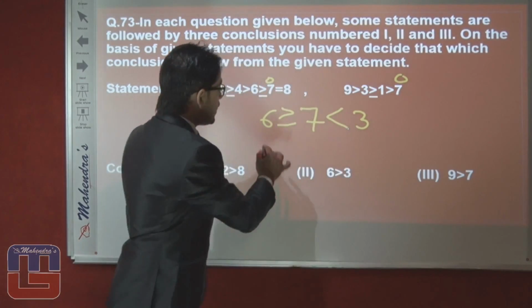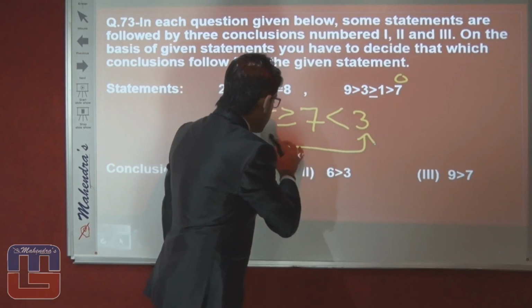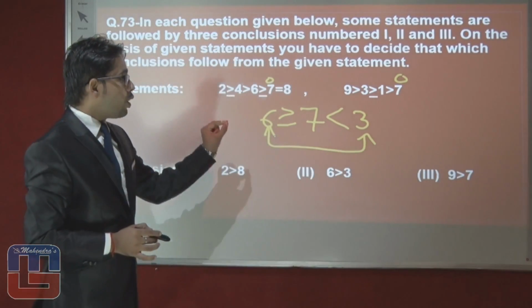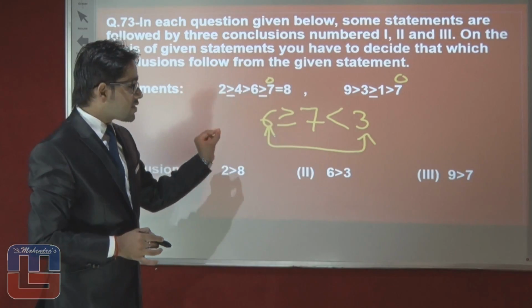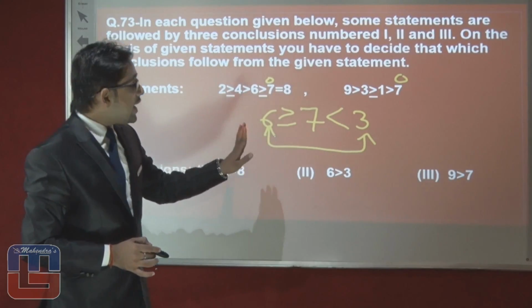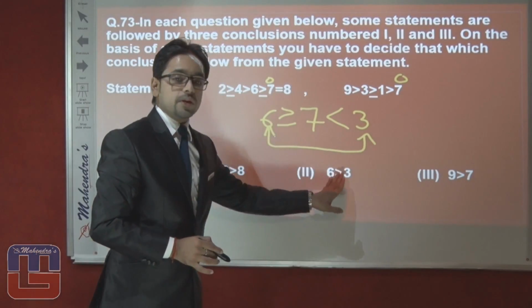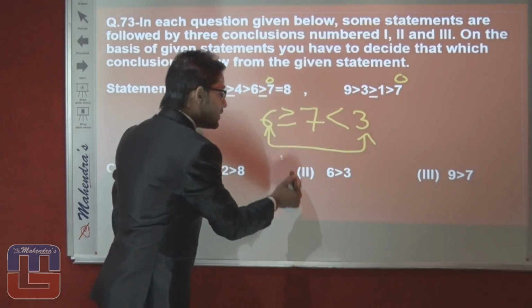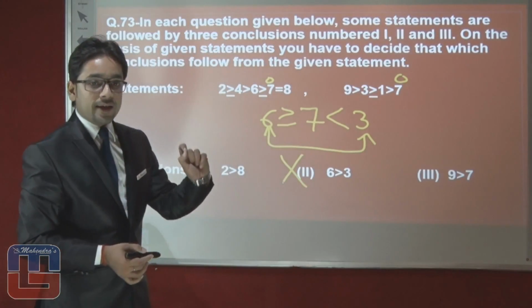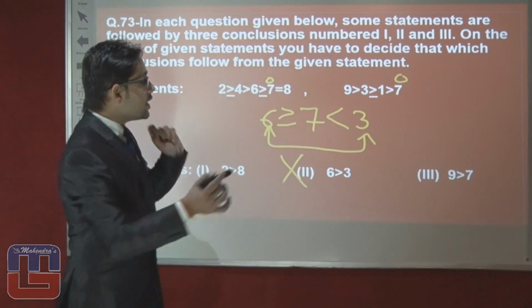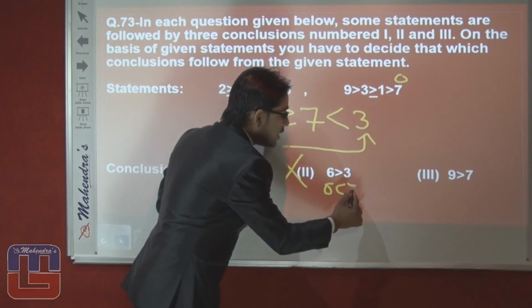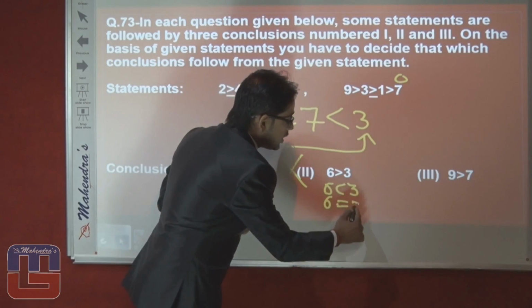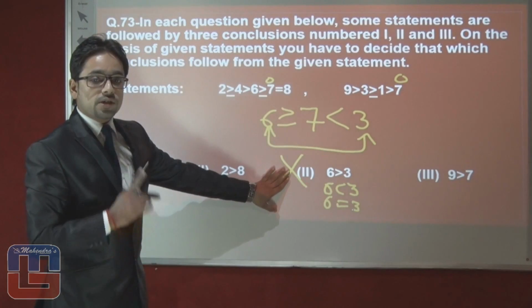Now we are still unable to find the exact relation between 6 and 3, and the examiner is saying 6 is greater than 3. So we deny this conclusion. Why? Because 6 can be smaller than 3 or 6 can be equal to 3. So the second conclusion is false.